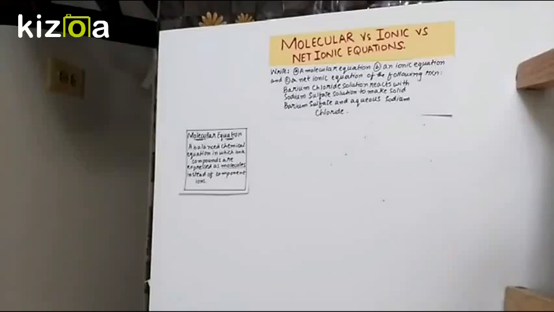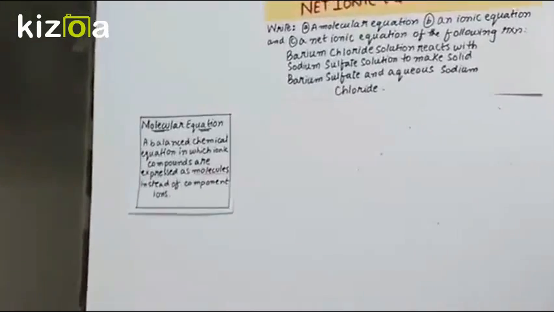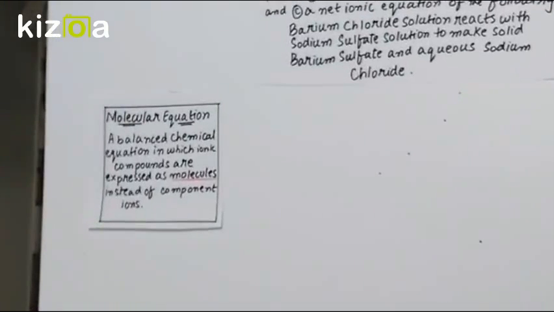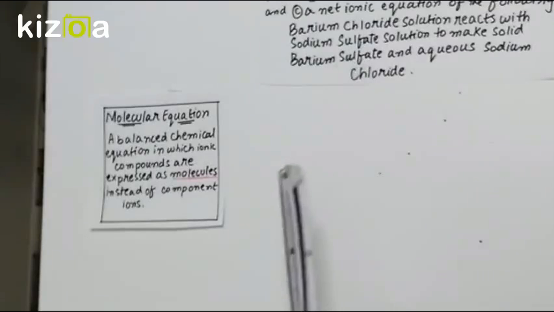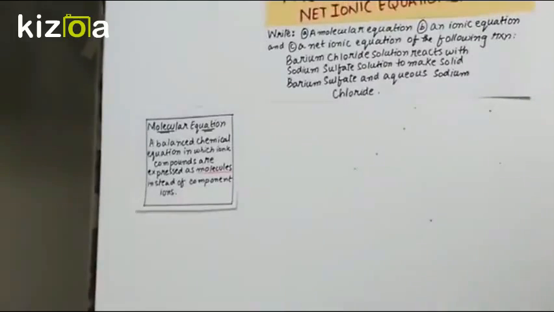We know that there is a formula for each ionic compound. Whenever we write chemical equations, we need formulas for that. So we know that barium chloride here is BaCl2.